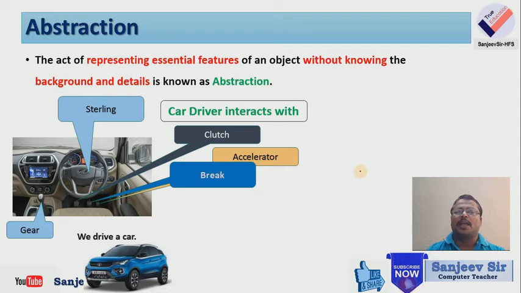As a car driver, we know how to use all these things, the essentials, and we do not know the background details. So when we hide the background details and represent only the essential things, that is known as abstraction.